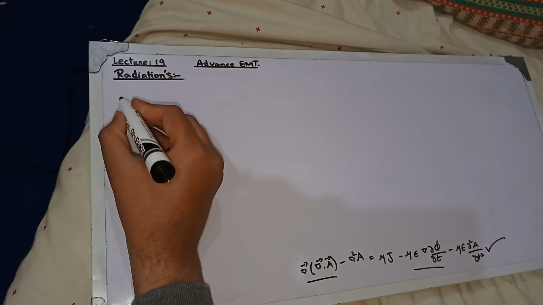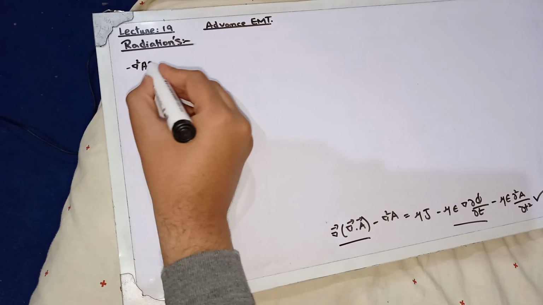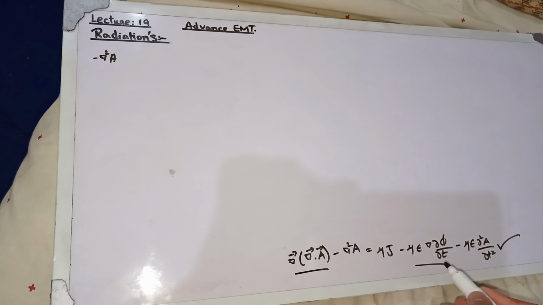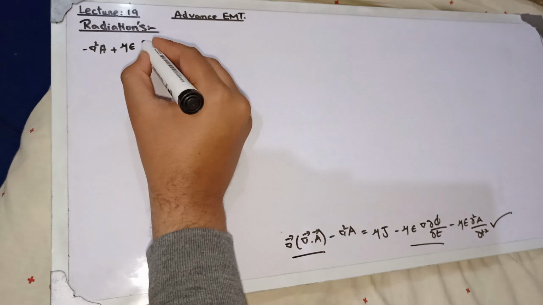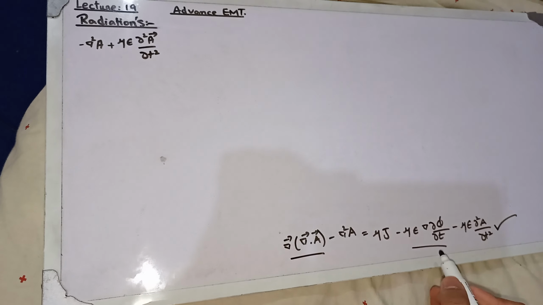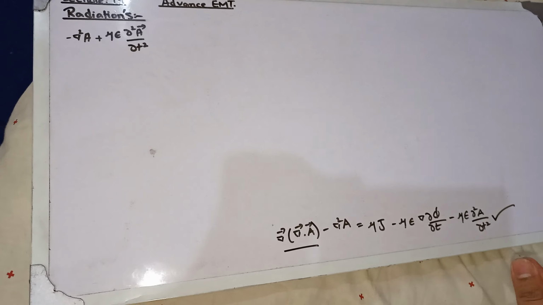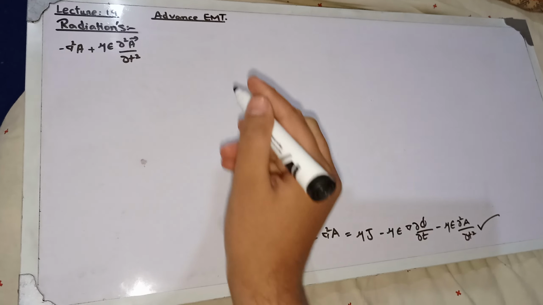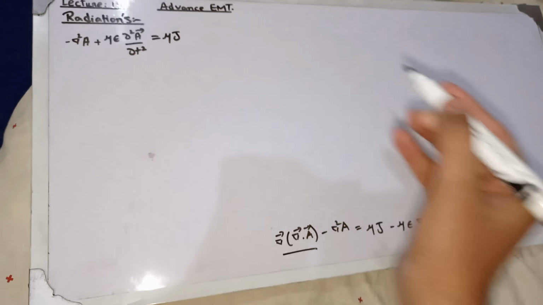So it becomes minus del square A as it is here, and this becomes positive mu epsilon partial square A divided by partial t square. Okay, sorry, this equation came to this side, so this becomes like this, and equals sign, this mu J as it is here.